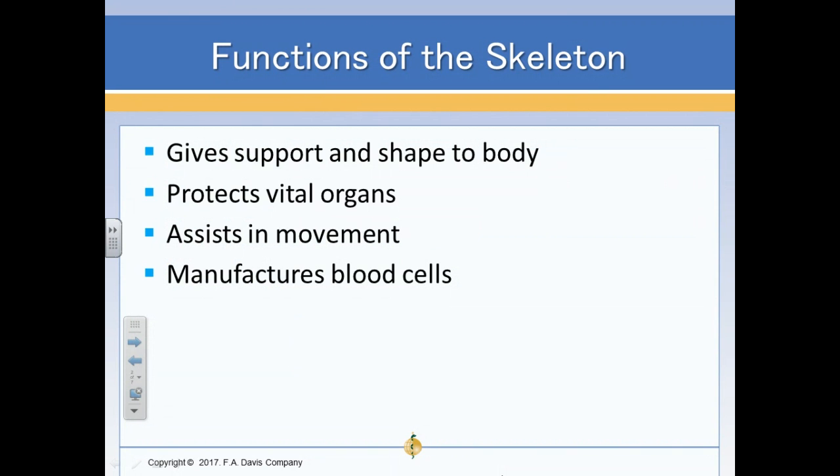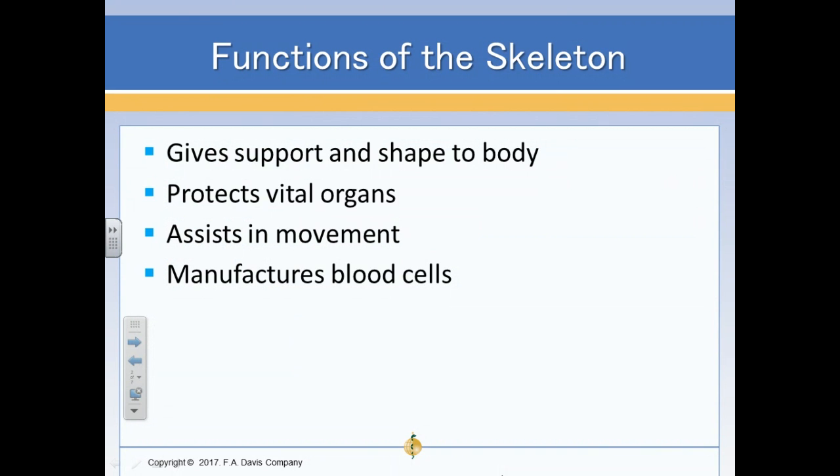The main sites of blood cell formation are the ilium, the vertebrae, the sternum, and the ribs. And that formation mainly occurs in the flat bones, okay, which would be your ilium. Your ilium is a flat bone.